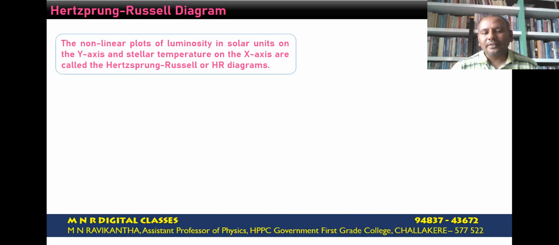Alternatively, we can define an HR diagram as the non-linear plot of the absolute magnitudes on the y-axis and the stellar spectral classes on the x-axis.